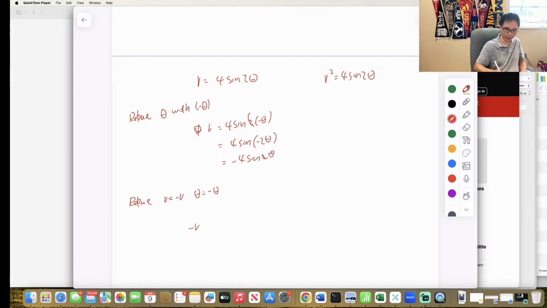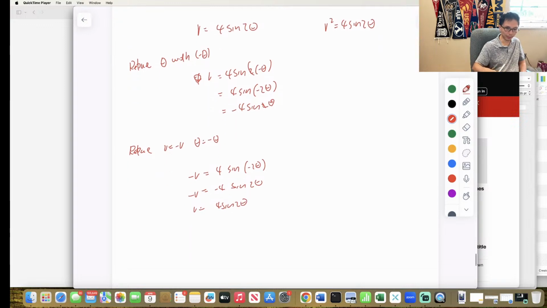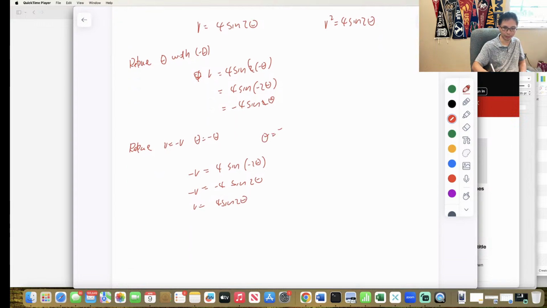So that's going to be negative r equal to 4 sine of negative 2 theta, but negative r equal to negative 4 sine of 2 theta. So r is equal to 4 sine of 2 theta, which is the same as before. So this is actually theta equal to pi over 2.